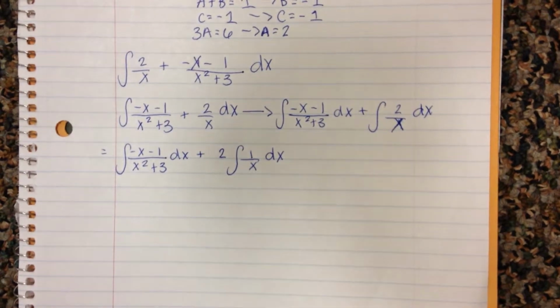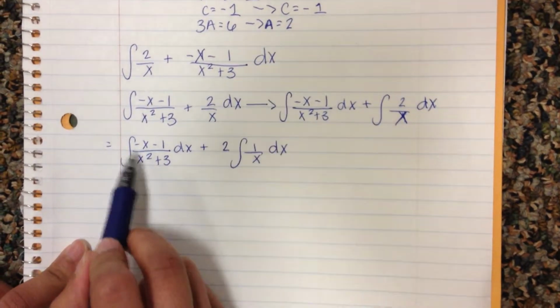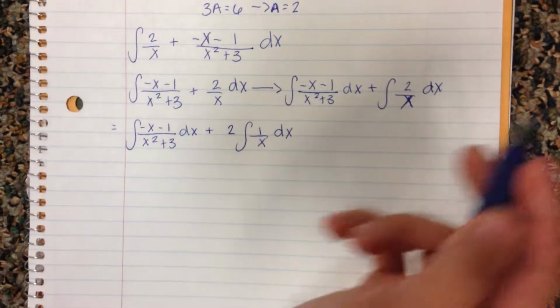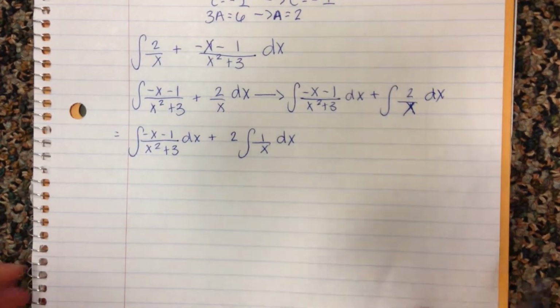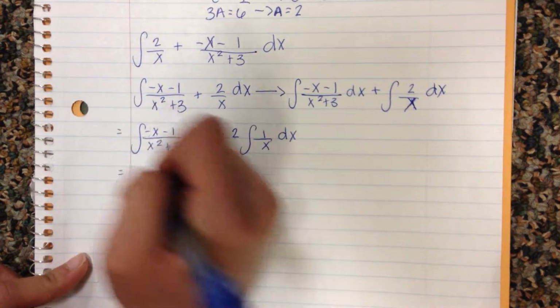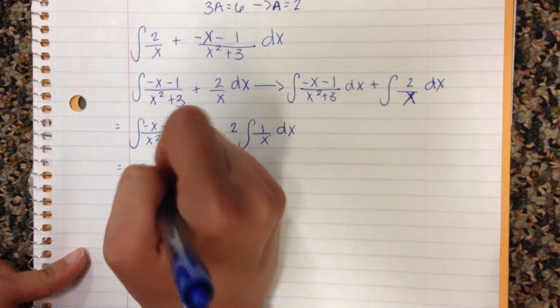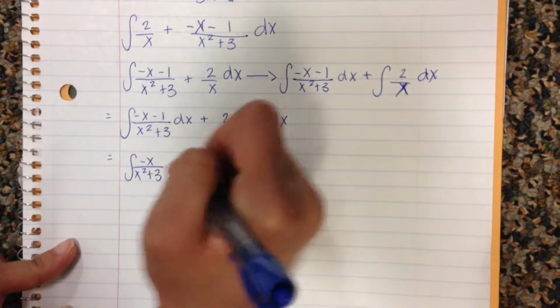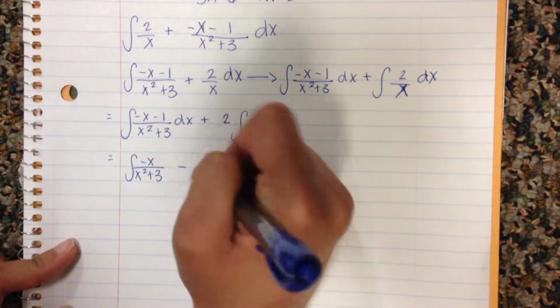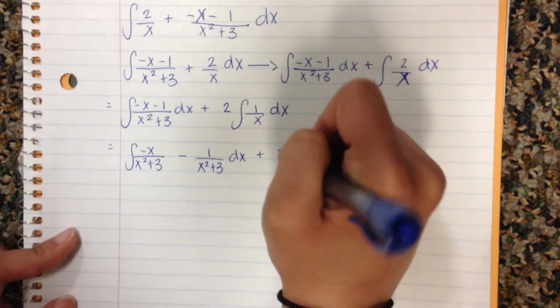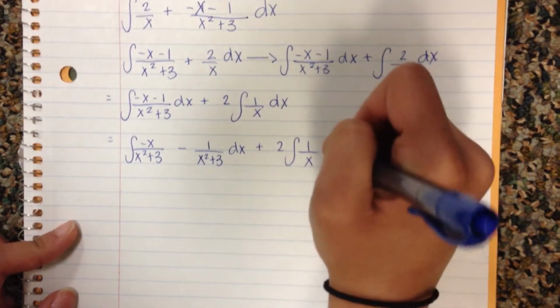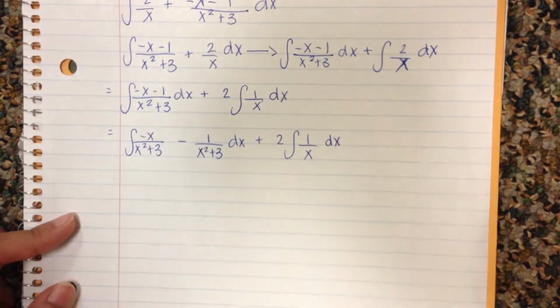After you have that, you can separate these into two different fractions. So we can take this and see that this is the integral of -x over (x squared plus 3) minus 1 over (x squared plus 3) dx plus 2 on the outside of the integral of 1 over x dx.